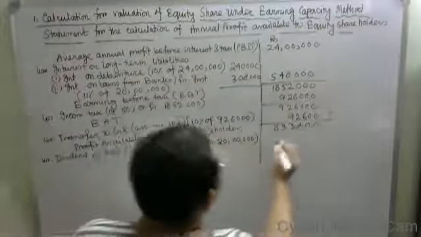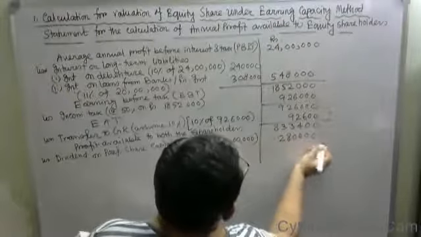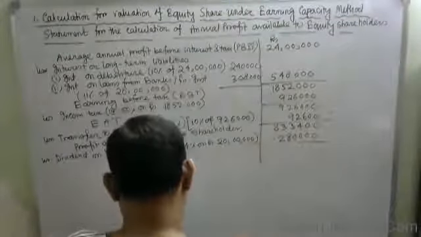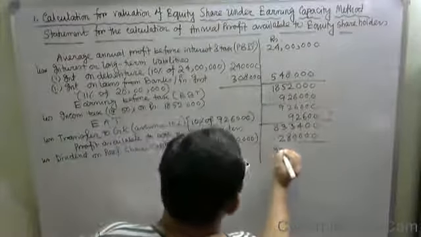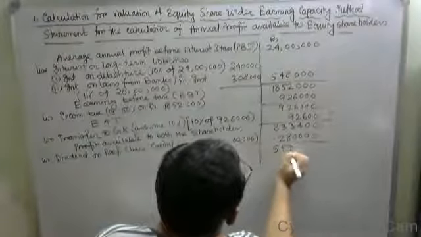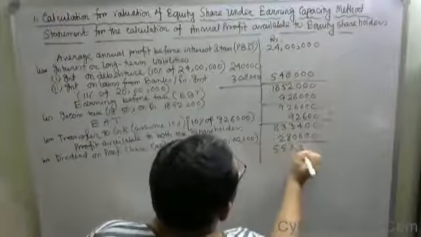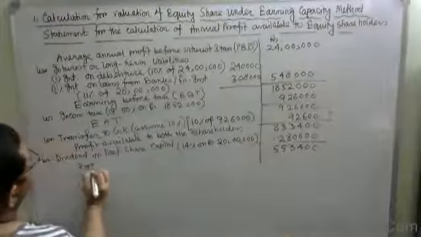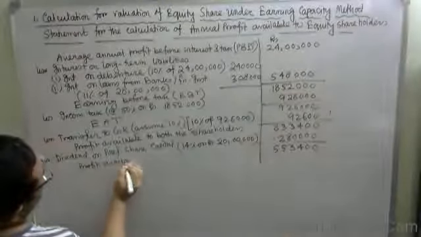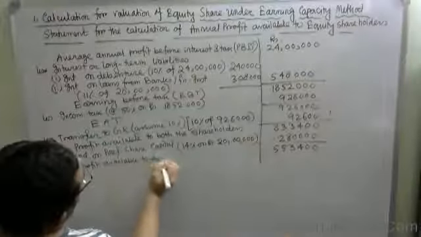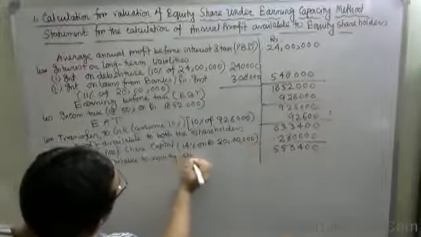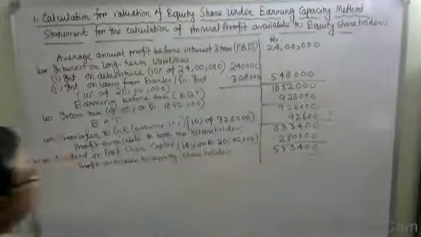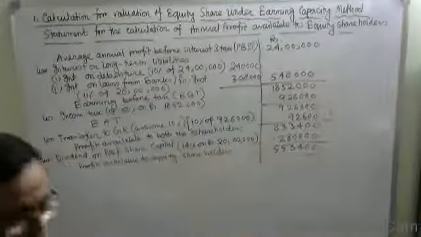The amount is 2 lakh 80,000. 5,53,400 is the profit available to equity shareholders.